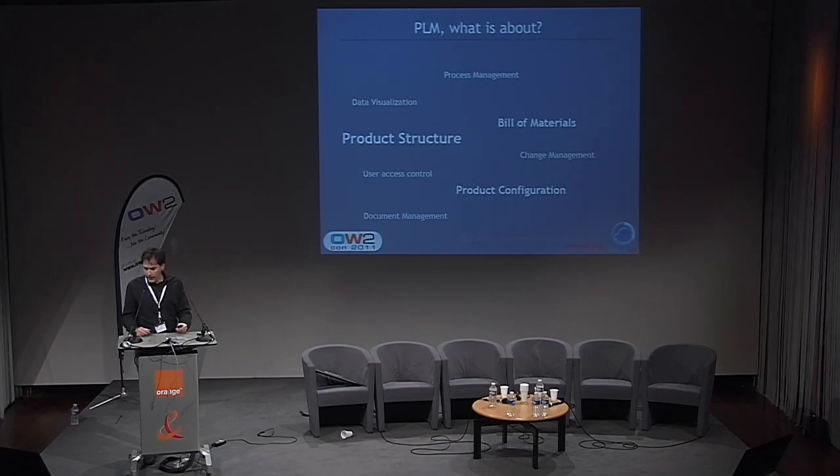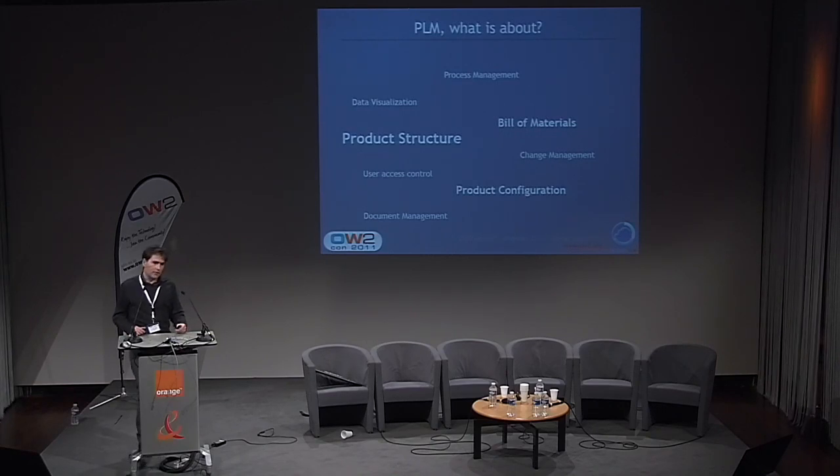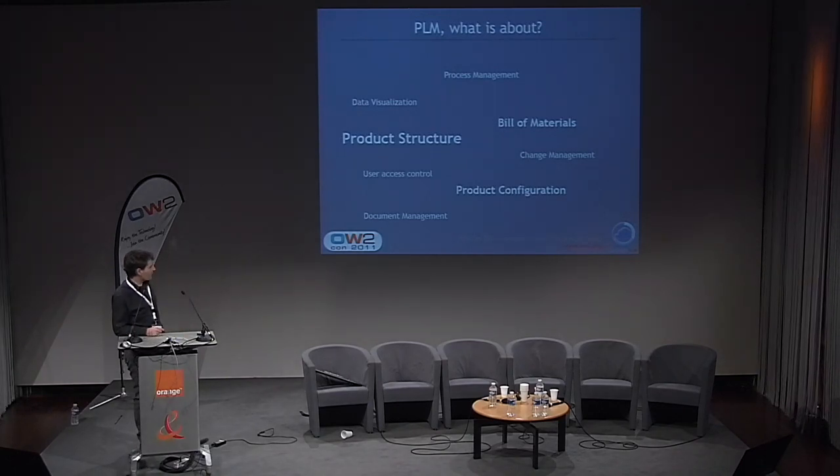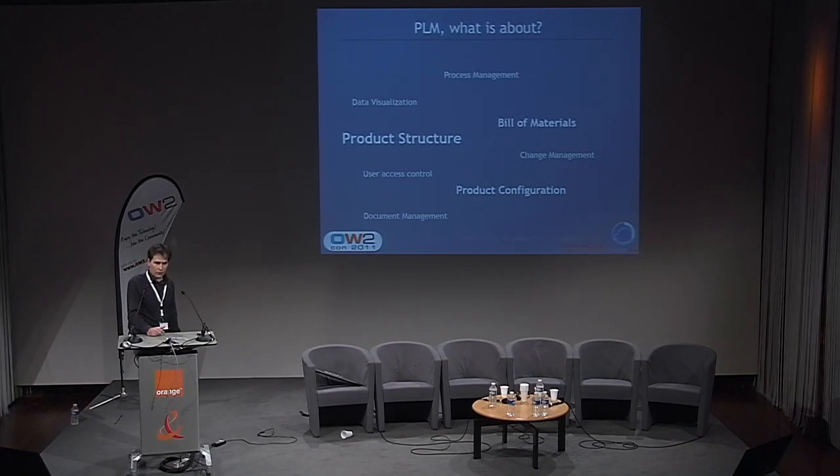Okay. So user access control, we talked about that. It's very important because in a PLM system, many users coming from different companies will be able to access the system and the data. So we should have a very powerful ACL system.